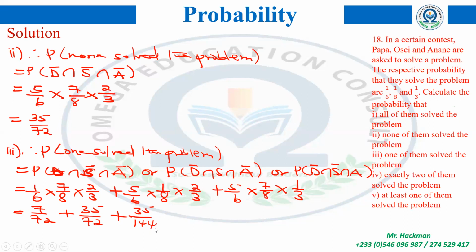Mr. Hackman. Yes, please. The second one is what? 5 on 72. Yes, not 35. We have 5 times 2, but the numerator is 10, and then over 144.